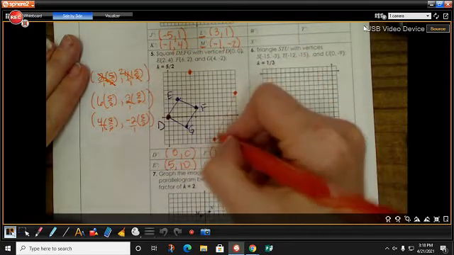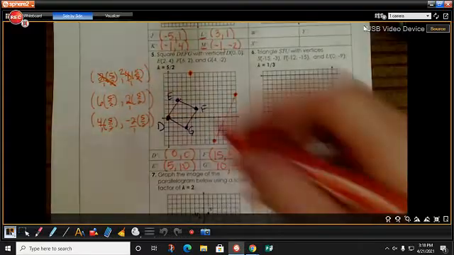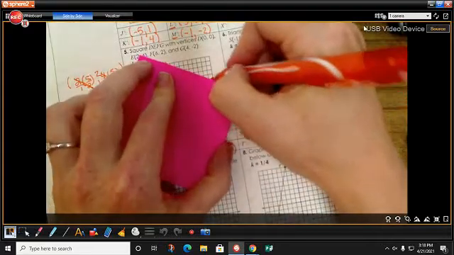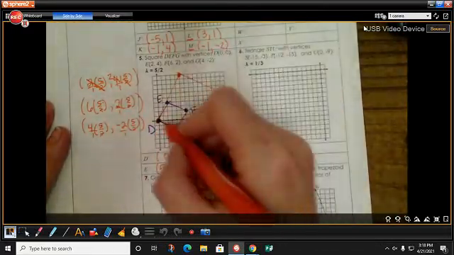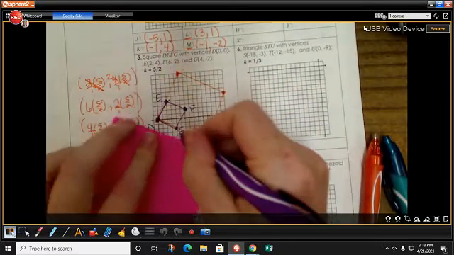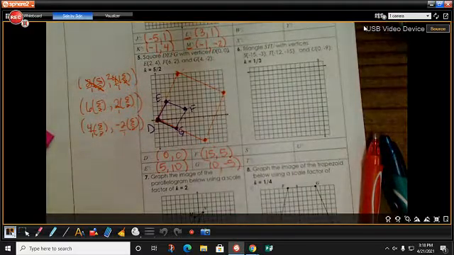And there. So now I've got a shape that looks something like this. And you'll notice that since one of my points was on the origin, some of my lines went along a straight line path together because it dilated out from there.